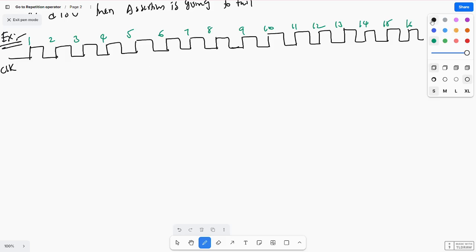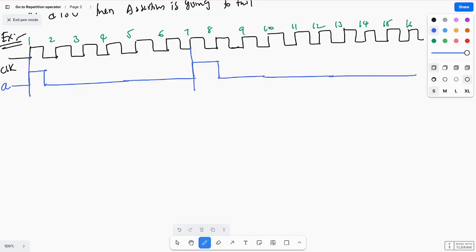Let us take a value A. Initially it is 0, and till the seventh cycle it will be 0 only. During the seventh cycle it becomes 1, and again it goes to 0.